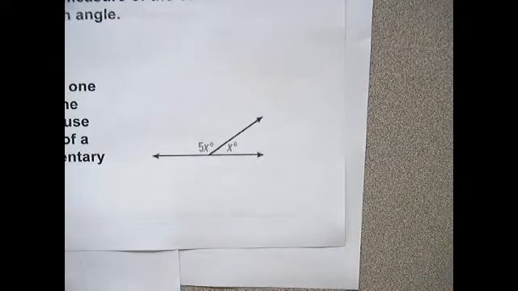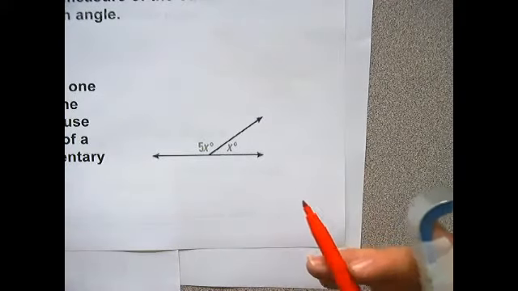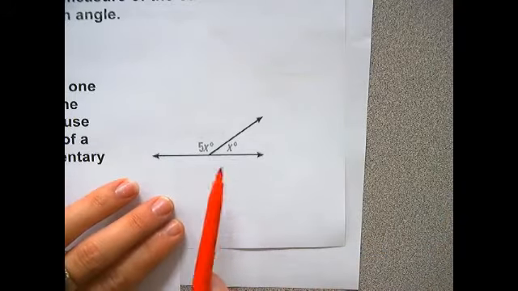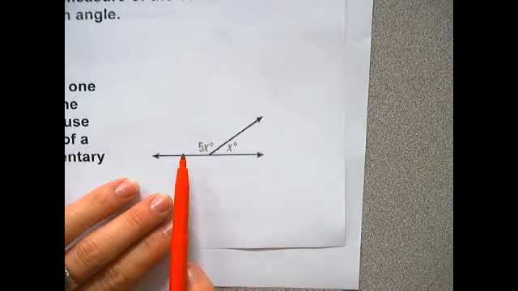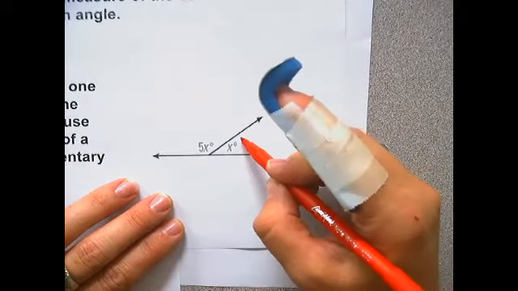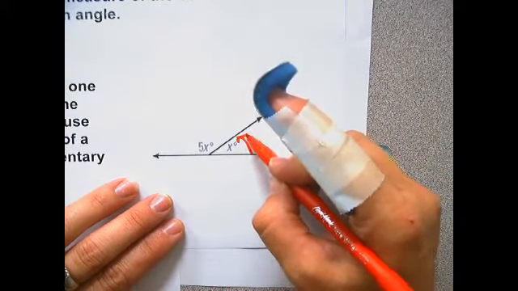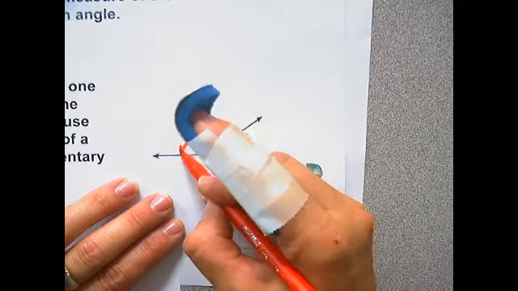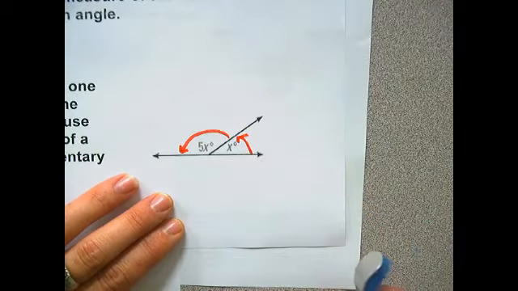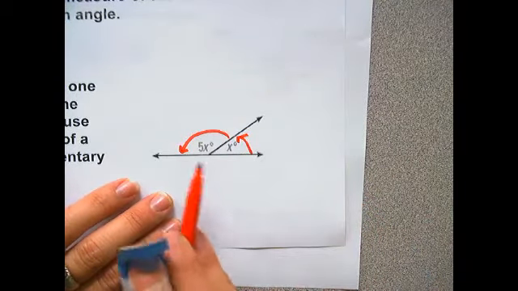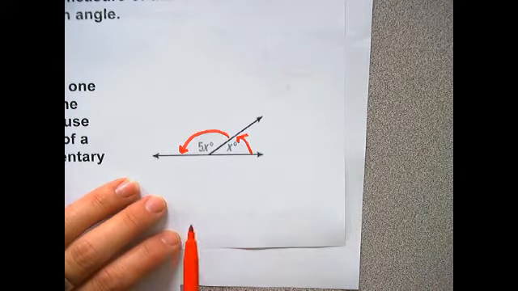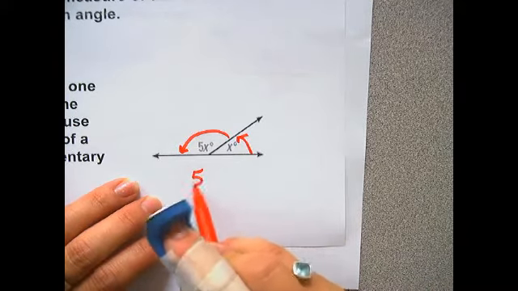If you see a problem like this, if it tells us that two angles form a linear pair, and one angle is 5 times the measure of the other, notice that you define one of them as x and the second one as 5x, because that was the given information in the problem.